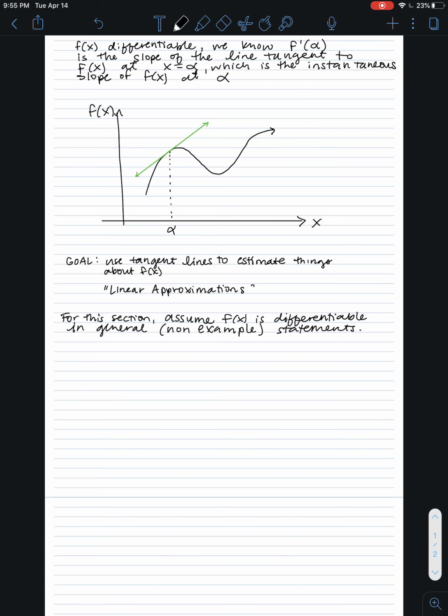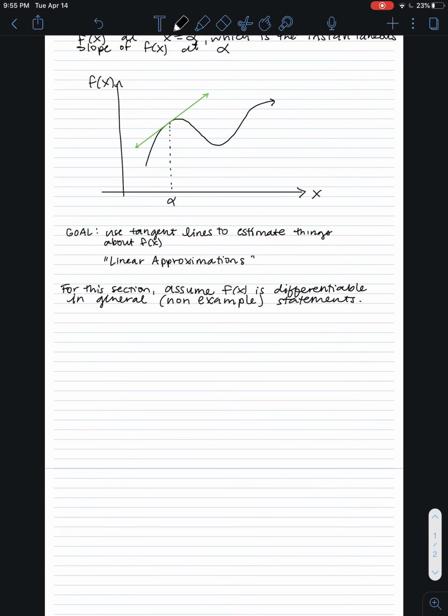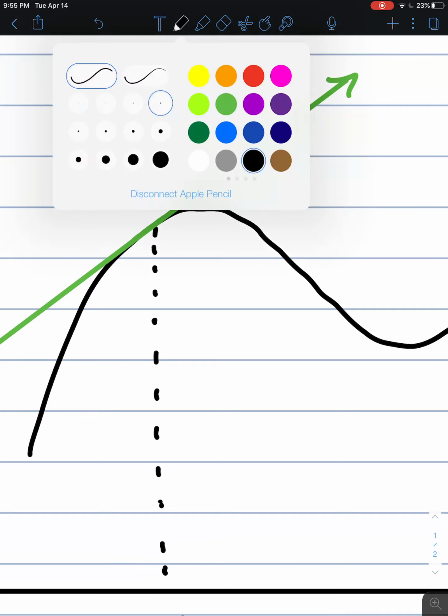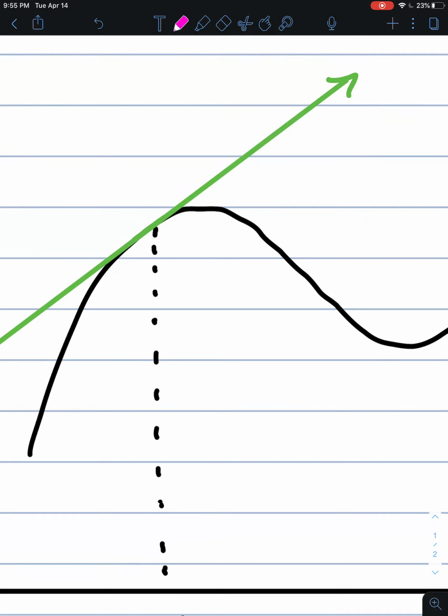Okay, so basically our goal is to find the equation of the tangent line given some function f, and we'll be using that to estimate different points, because if we find our tangent line, we could use say, this point on our tangent line to estimate this point on our actual f of x function.